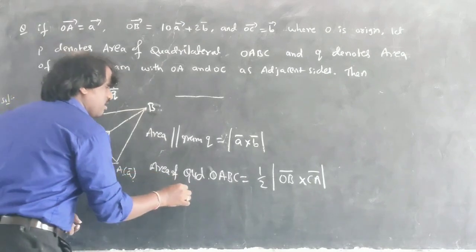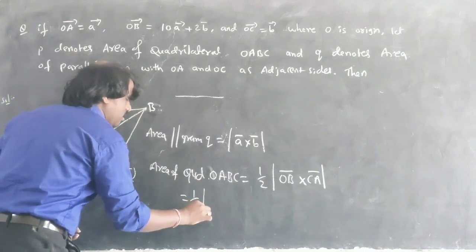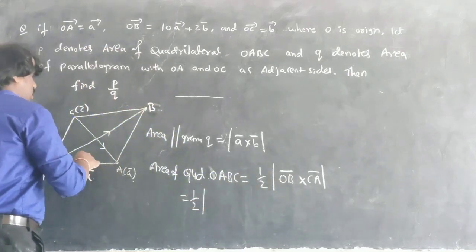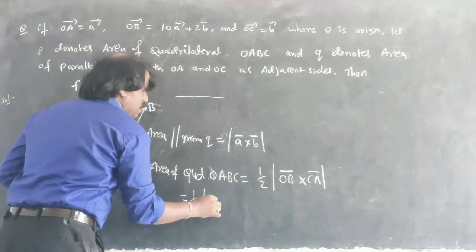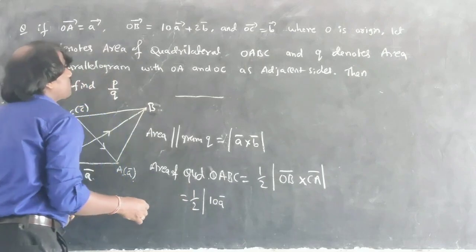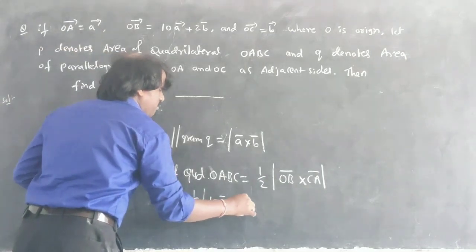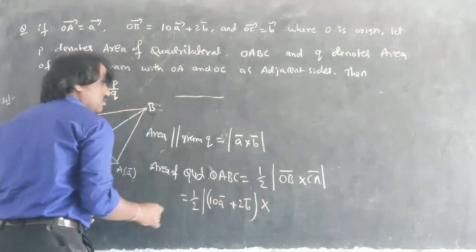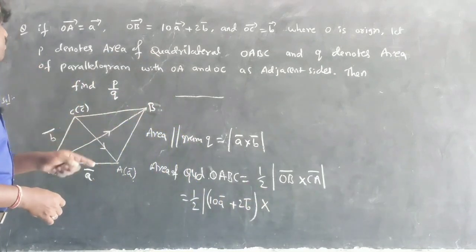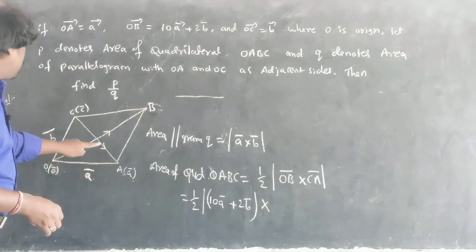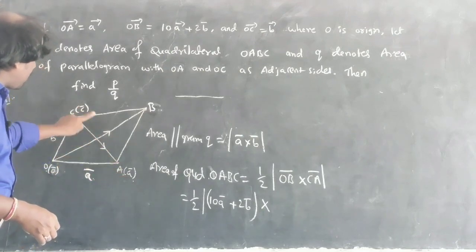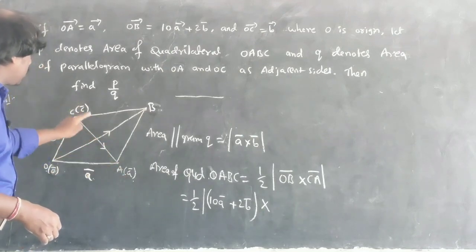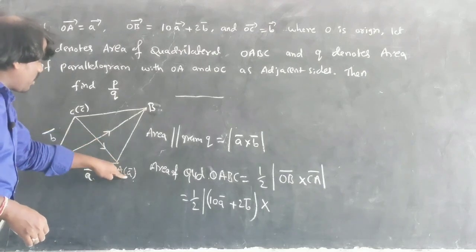So area of the quadrilateral will be half into OB vector, which is already given, that is 10A vector plus 2B vector, cross with the CA vector. What is CA vector here? Position vector of A minus C, OA minus OC.